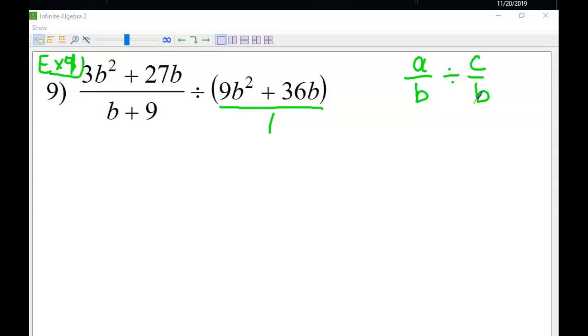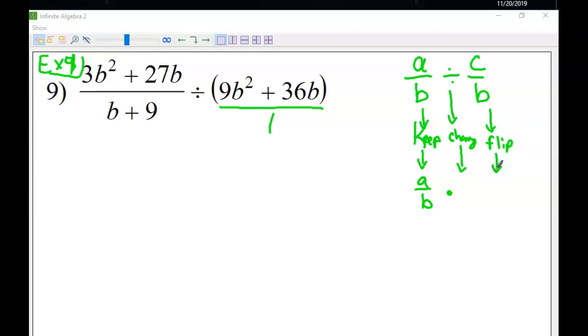Yeah. Some teachers call it same change flip or keep change flip or something like that. So you keep the first fraction the same. You keep that fraction the same here. You change this into multiplication, and then you flip this one over.